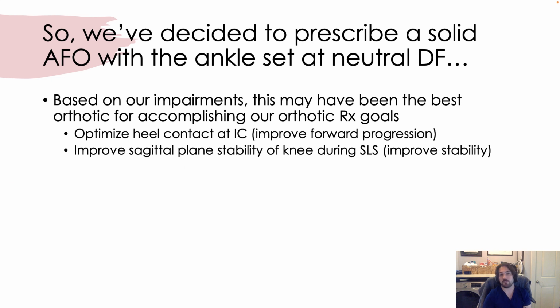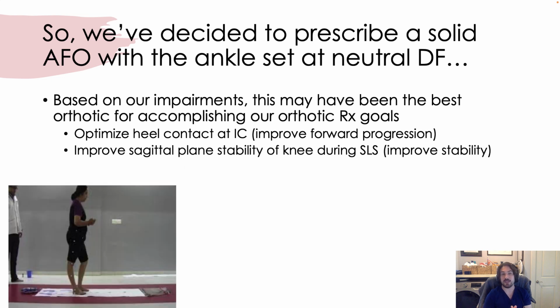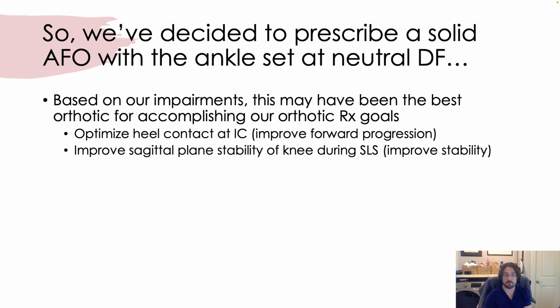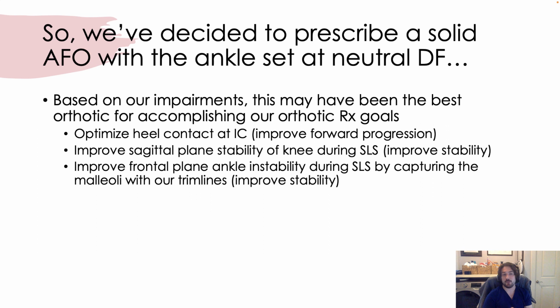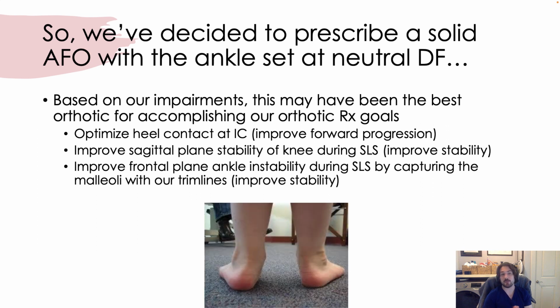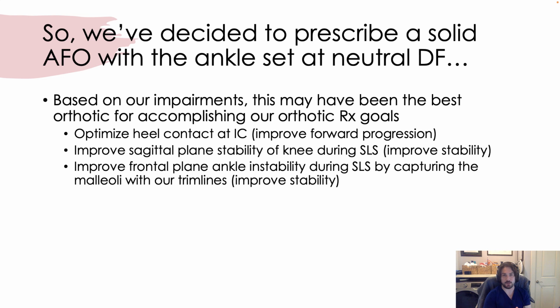Maybe we wanted to improve sagittal plane stability of the knee during single limb stance, as we might have seen during our gait analysis that they were demonstrating signs of instability at the knee during the single limb stance phase of gait. And we thought a solid ankle AFO was the most appropriate thing for them. And we could have seen that they had frontal plane ankle instability during single limb stance, and we want to capture their malleoli with our trim lines to improve stability at their foot and ankle complex.